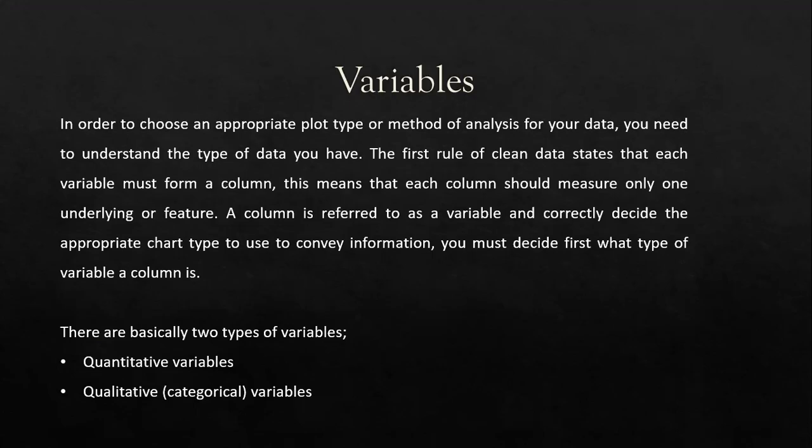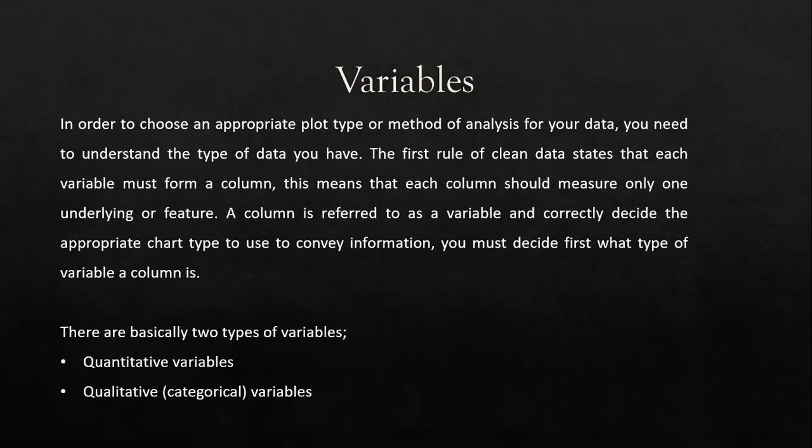You understand? So the first rule of clean data states that each variable must form a column. Remember, when we were talking about the rules of data integrity, this means that each column should measure only one underlying feature. So each column here is talking about one thing. This is the student's name.